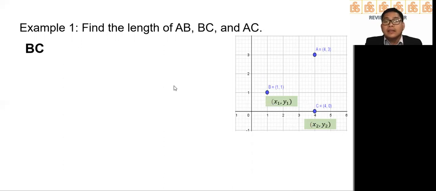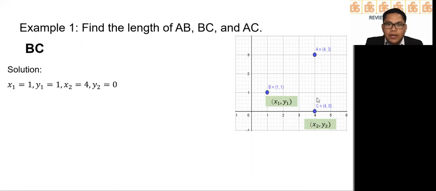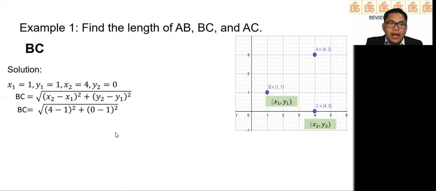You will get the same answer anyway. So the solution: x1 is 1, y1 is also 1. x2 is 4 and y2 is 0. So substitute once again these values into the formula.